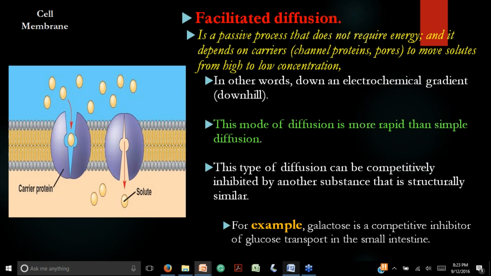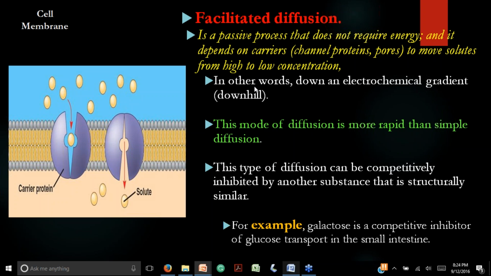And this facilitated diffusion, according to the picture here, involves a double protein that makes a gate for the entry of the substances that we just mentioned. This mode of diffusion is more rapid than simple diffusion.